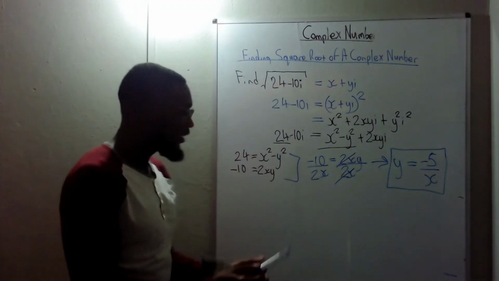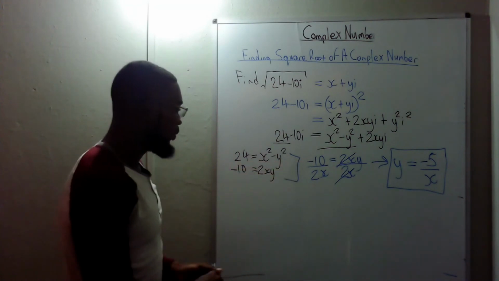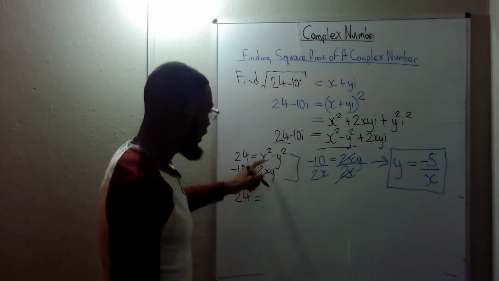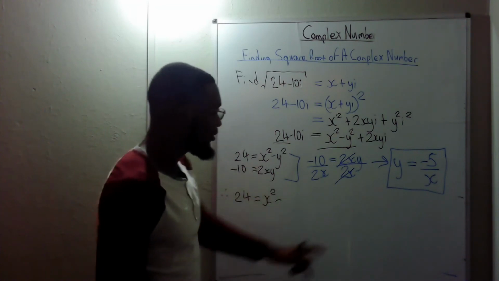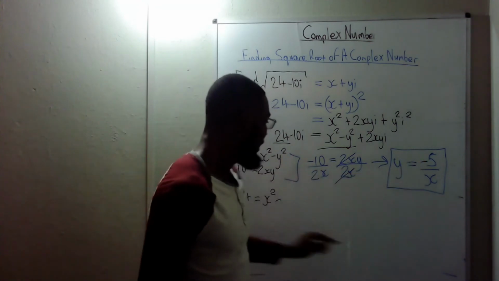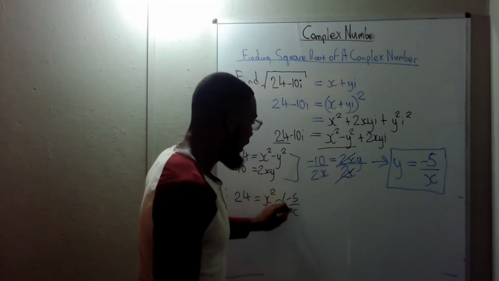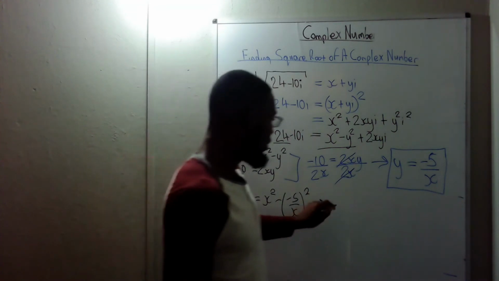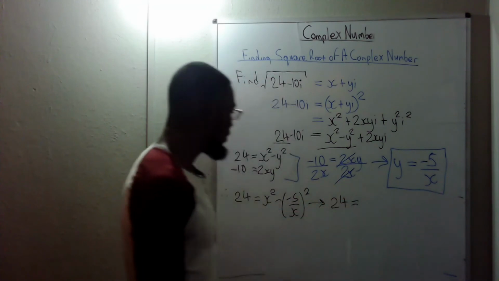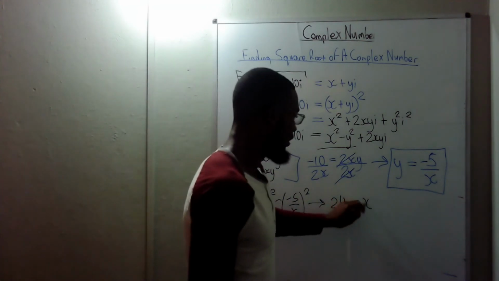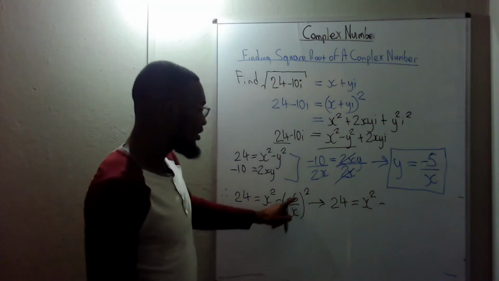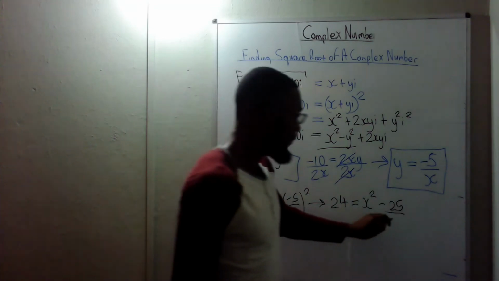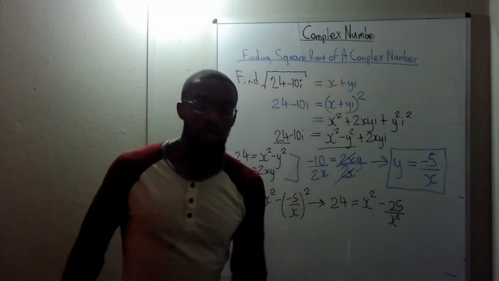When we get y is negative 5 over x, we can substitute it into equation 1. So we have 24 is equal to x squared minus y squared, but y is negative 5 over x. So this is now saying 24 is equal to x squared minus 5 squared, which is 25, over x squared. Then what do we do next?